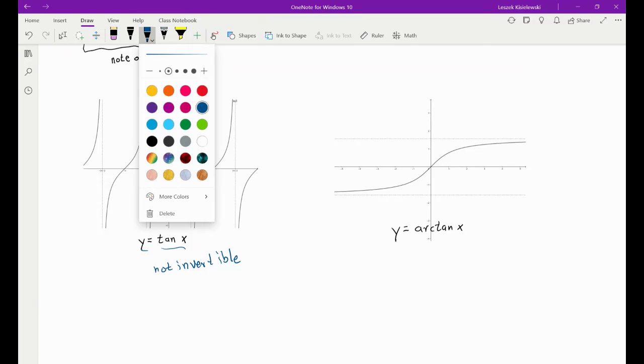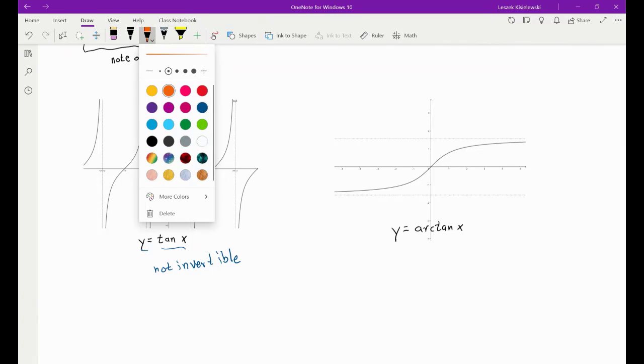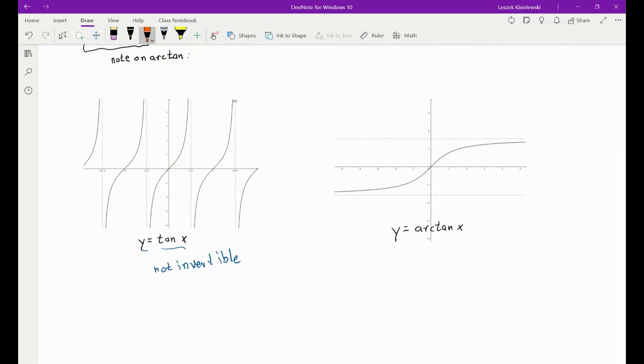However, if we restrict the domain of tangent, if we just focus on tangent between these two vertical asymptotes, at negative pi over 2 and pi over 2, then the graph there in orange would pass the horizontal line test.